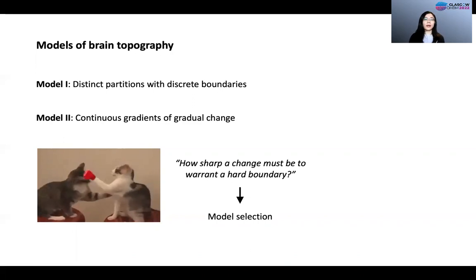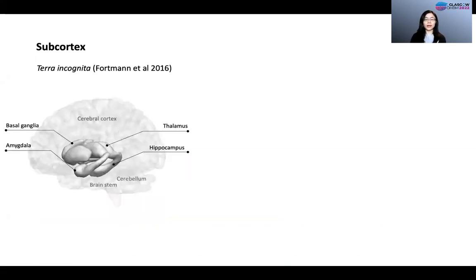But before I go into details of how to perform the model selection, I would like to show this slide, which is a simplified illustration of where the subcortical area is located anatomically. Unlike the cerebral cortex that has been studied for over a century, the subcortical area remained an uncharted territory for a long time, as highlighted in a recent review by Fouragnan in 2016.